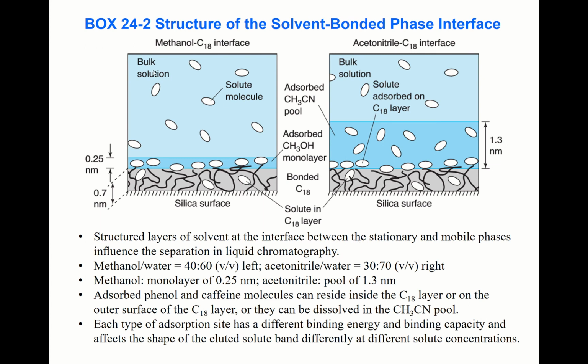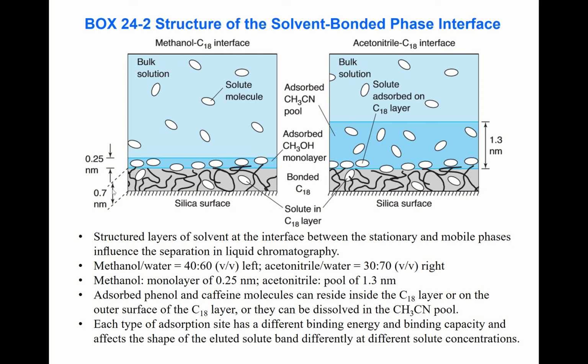Now let's consider box 24-2, the structure of the solvent bonded phase interface. Look at that. This is the silica surface, and this is a bonded phase. We simply assume an octadecyl bonded phase here, this long, thick, black line. They are bonded octadecyl groups, and the thickness is 0.7 nanometers.